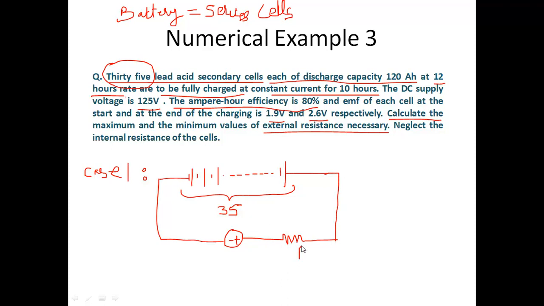So we have a resistor over here which is limiting the charging current, because we need to have a constant charging current for 10 hours. So this is a 125 volt battery, the 125 volt DC supply which is being used to charge these 35 cells.